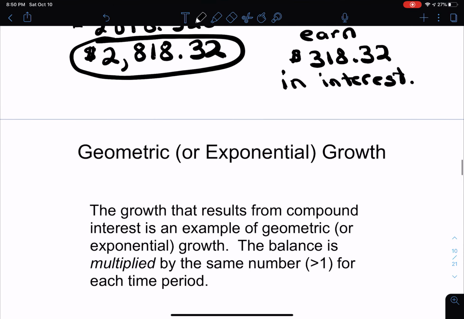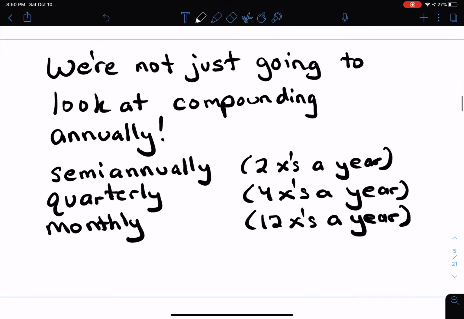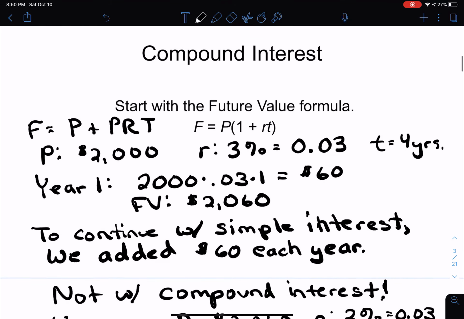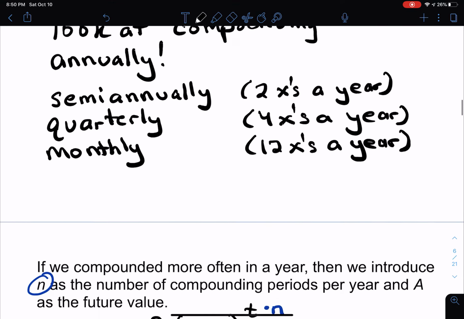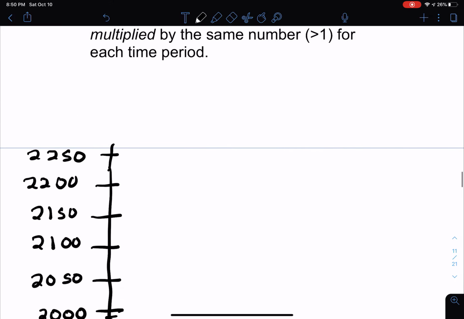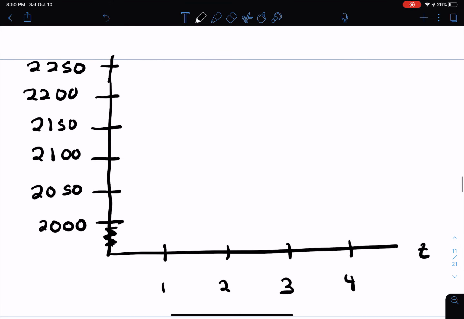So going back up, year 1, she was at the 2060, and then year 2, 2180, right? So about right there. And then year 2, 2180. So roughly right there.